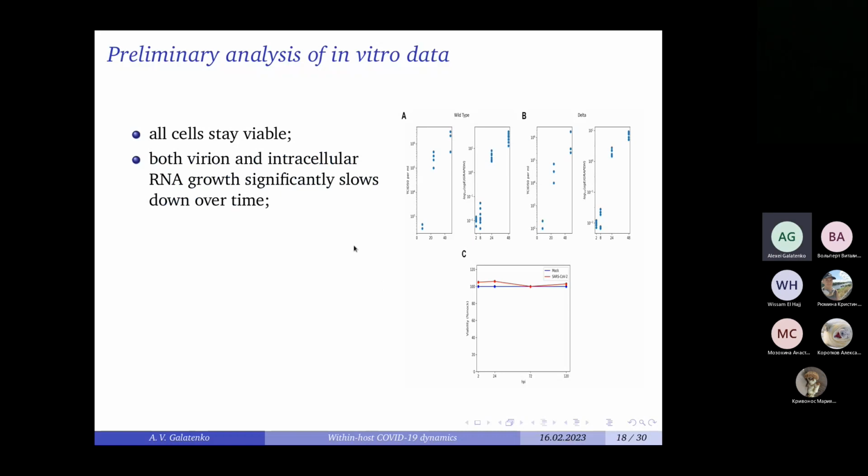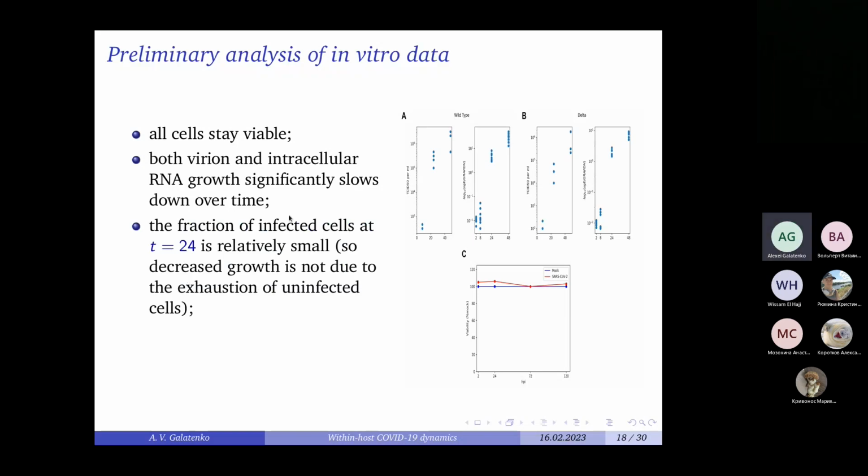Second observation, take a look at the dynamics of growth of viruses and intercellular RNA. You can see that first, this growth is very fast, up to 24 hours, and then it essentially decreases. Growth rate decreases over time.